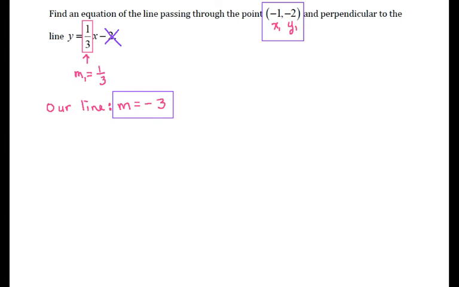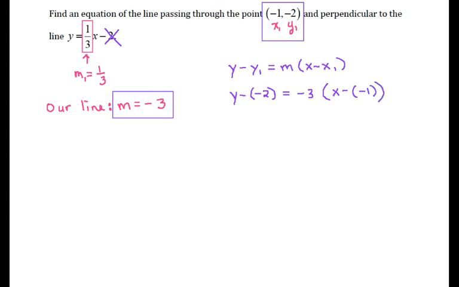So I look at these pieces of information. The first thing I ask myself is, do I know the y-intercept? If I know the y-intercept, I go straight to y equals mx plus b. If I don't, as is the case here, I have to start with the slower one, right? The point-slope form. Plugging into this gives me y minus -2 equals, my slope is -3, and x minus -1.